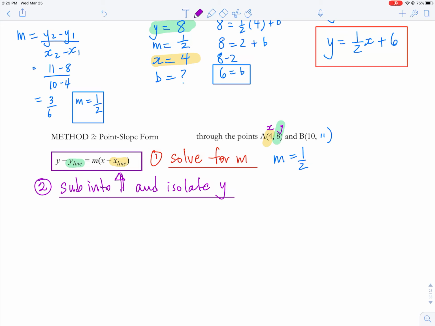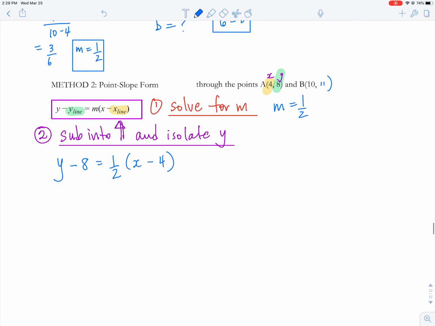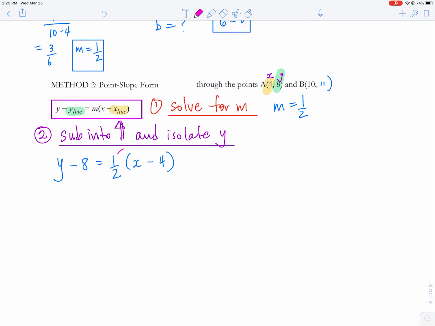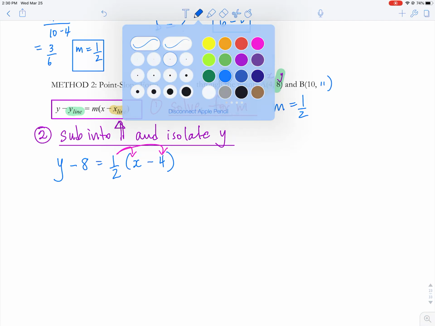So when I sub these all in, I'm going to get y minus 8 equals 1/2, because the slope was 1/2, bracket x minus 4. So we've done our sub in. I'm going to distribute now. I'm going to distribute the 1/2 onto both terms inside the brackets. So I get y minus 8 equals 1/2 x minus 2.